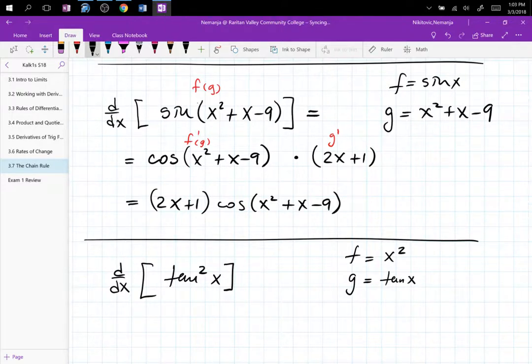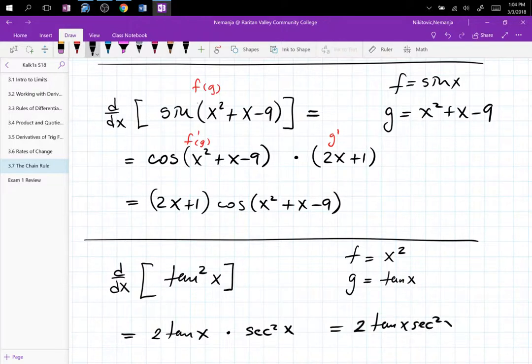Tangent x. Good. So what is this derivative? Two tangent x. Good. Times, and the derivative of tangent x is secant squared x. So what's the answer? 2 tangent x secant squared x. Good.